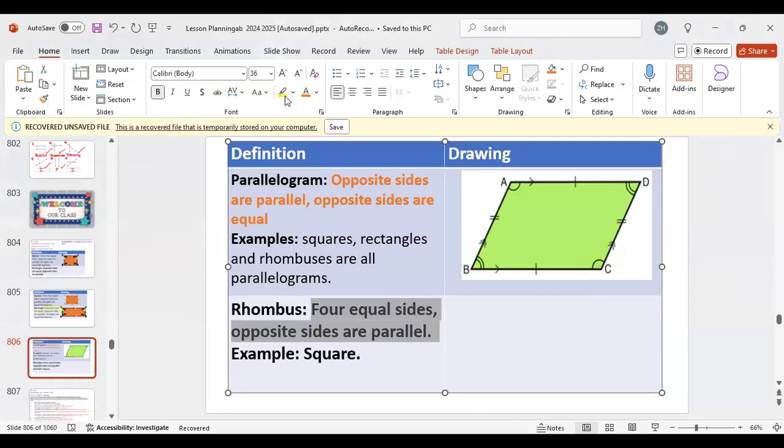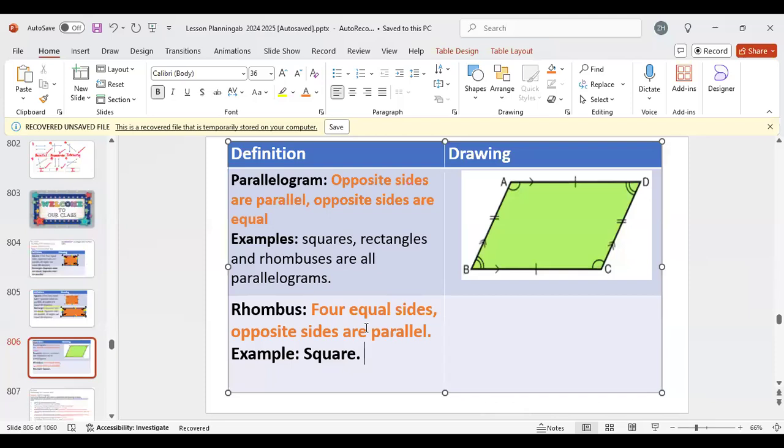But the difference between a rhombus and a square is that a square can't lean. It has to be strictly straight, but with a rhombus the angles don't have to be 90.